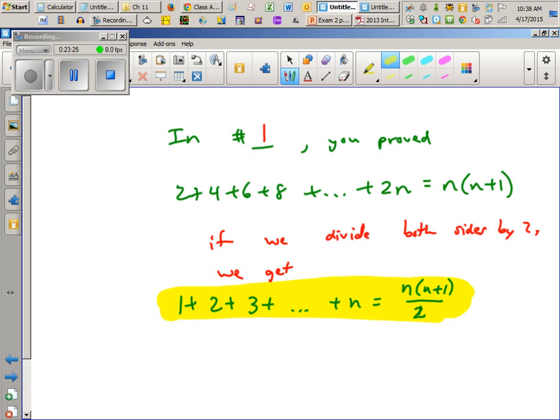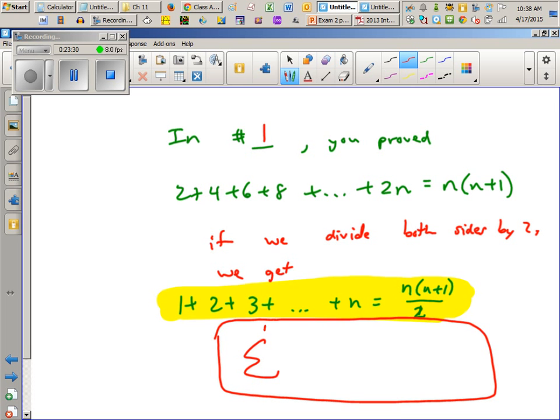Can you write it for me in sigma form? How would you write that left side in the sigma form? Go and write it. You can kind of cheat. Look back at my k squared formula. It's very similar. Not the same exact sigma, but it's close.